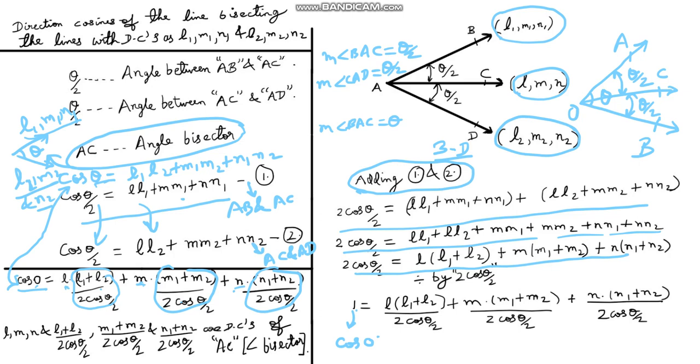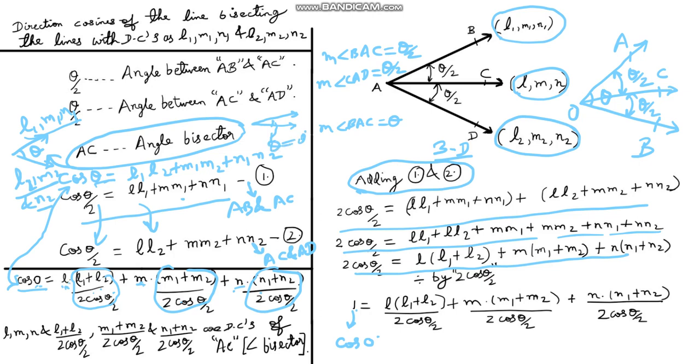Since the angle between the two vectors is 0, these are the direction cosines of the same vector, because the vectors coincide with each other. Suppose this was the angle; now it is reduced to 0.